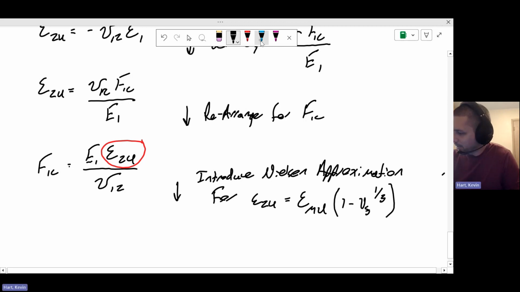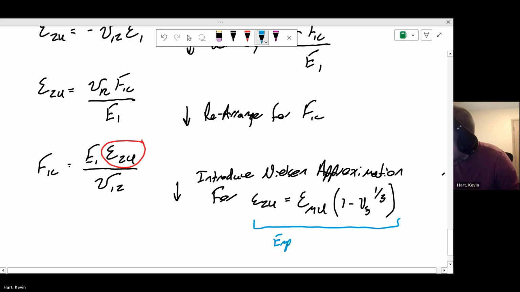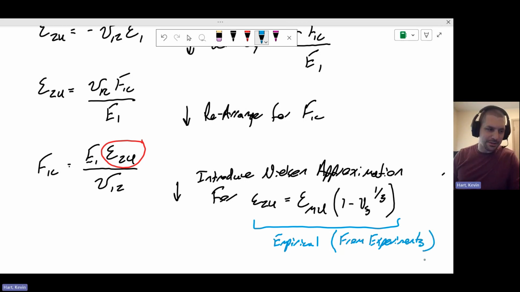This is a purely empirical observation. So this was basically just done by testing in the lab. So empirical, meaning this is from experiments. It's not really derived from any theory. It's just that somebody did a lot of experiments, and then this happened to correlate very well with those experiments.